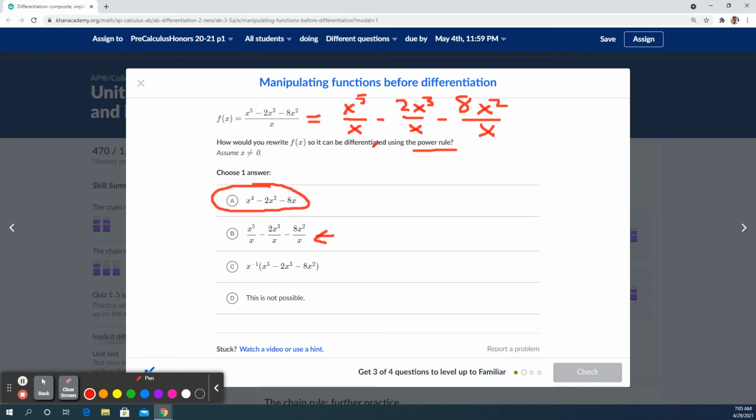Going the other way, it would be common denominator. When you have a common denominator, you combine the tops. So at this stage, I would just divide into each of these, and I get x to the 4th minus 2x squared minus 8x. Is that what we have? x to the 4th minus 2x squared minus 8x, and it is.